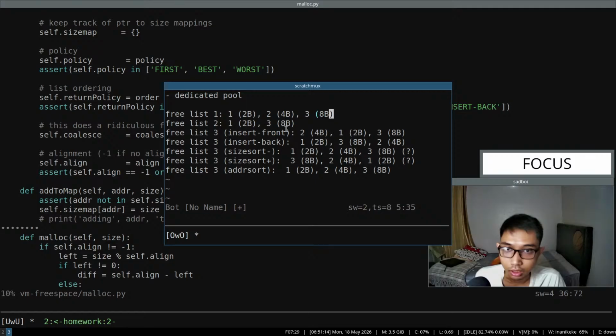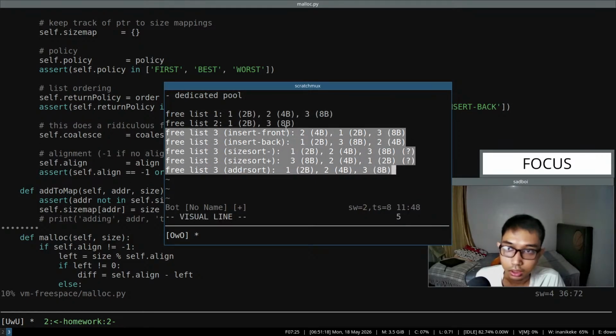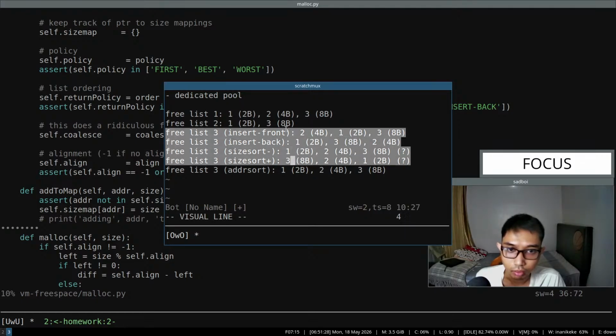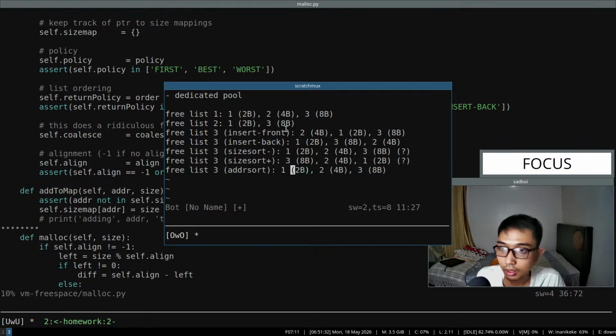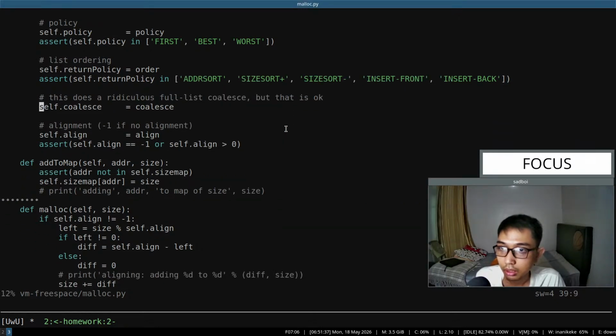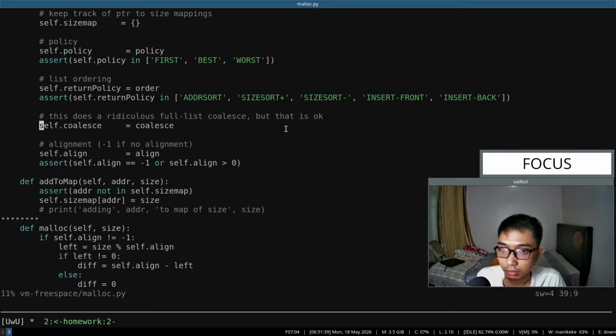Alright, maybe something like this. The return policy, right? Okay, maybe something like this for the return policy. Okay, this does a ridiculous full list.